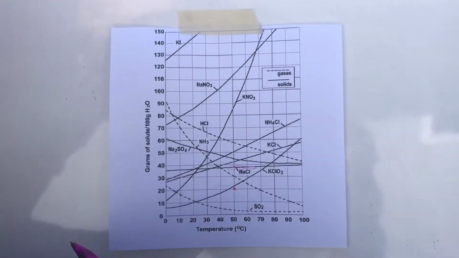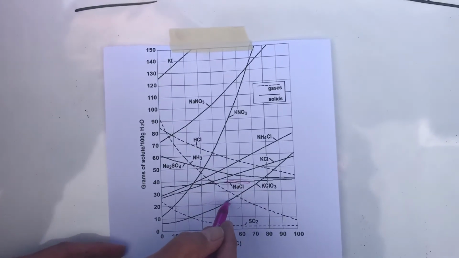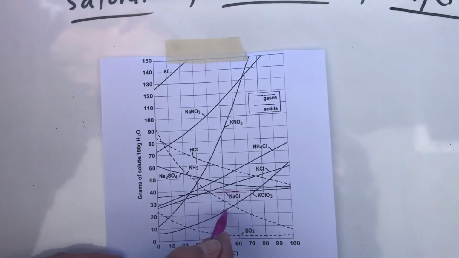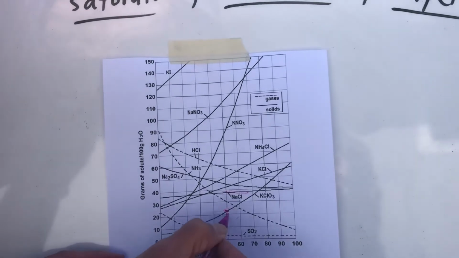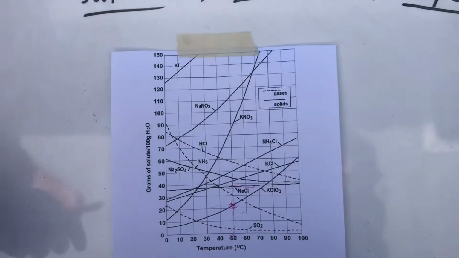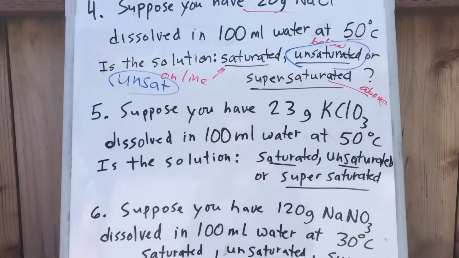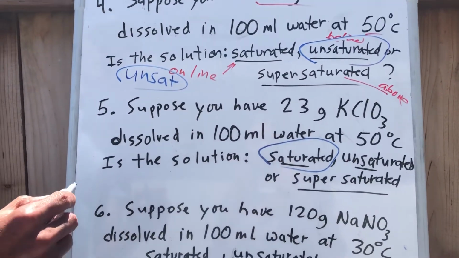It looks like the 23 is right on the potassium chlorate curve. 50, bam, 23. Since it's right on the line, this is an example of it being saturated. So the answer to number 5 is saturated. It's right on the line.